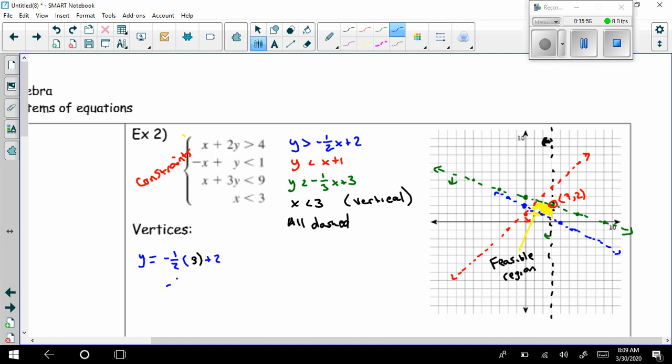So -3/2 plus 4/2, I get a common denominator there, 4 divided by 2 is 2, is just 1/2. So where the blue crosses the black, we have 3, 1/2. Okay, so that's this point right here.